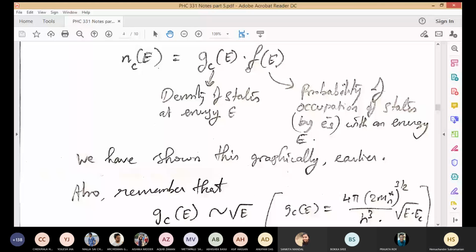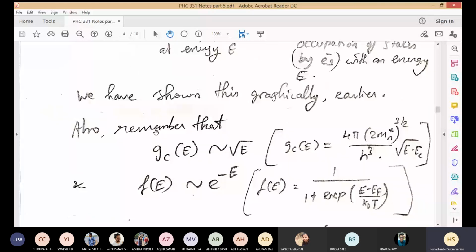Okay. So gC is proportional to the square root of E. This is the full form expression for gC. This we derived, if you remember, in going from k space to E space. When you go from momentum space to energy space, this is what you get.